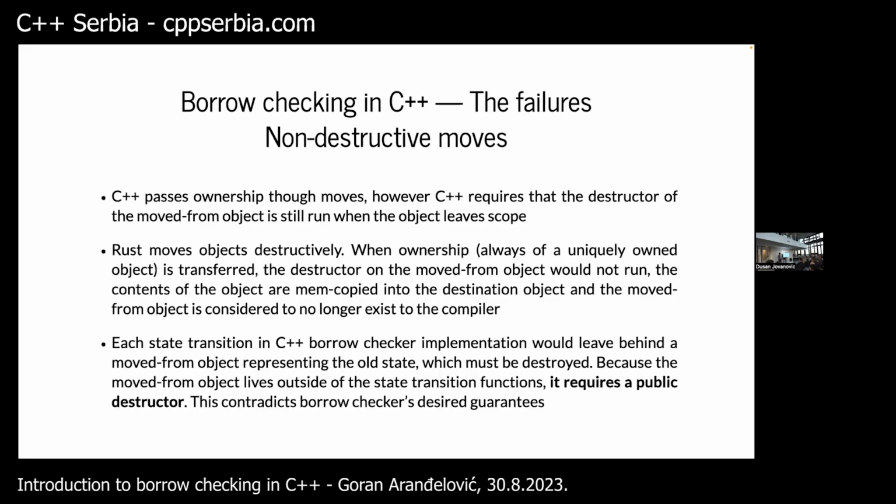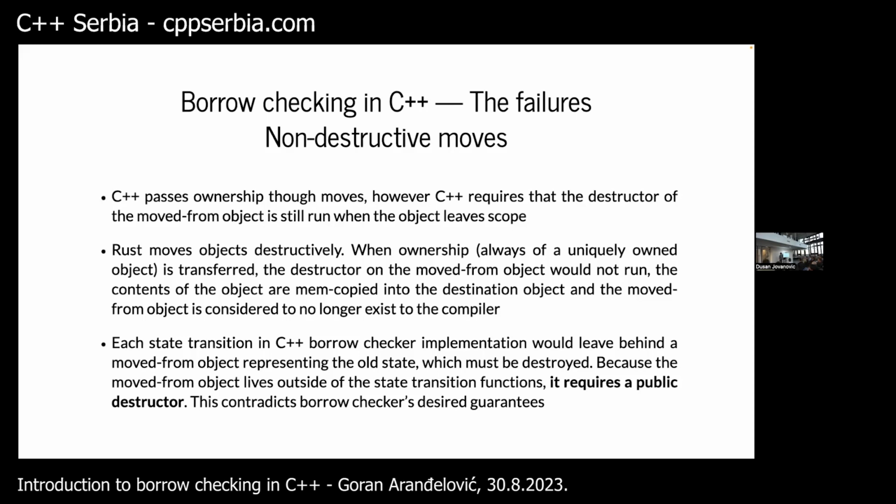The other problem is non-destructive moves. And this is, as I mentioned, a little bit broader topic. That is the case when you move out from the object in C++. The moved from object is still something that has to be left in a valid but unspecified state.